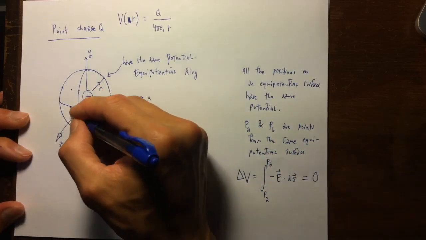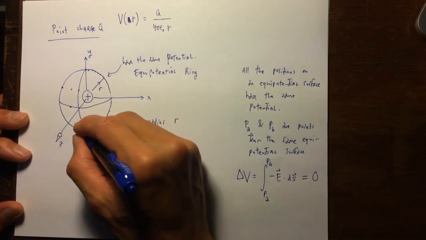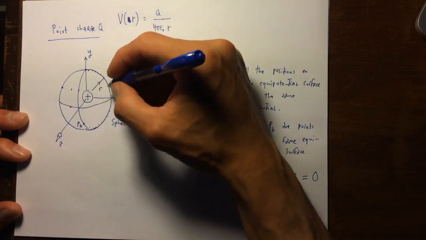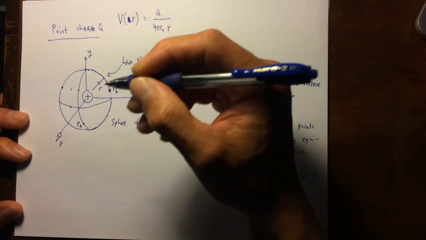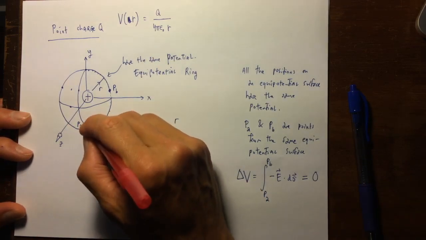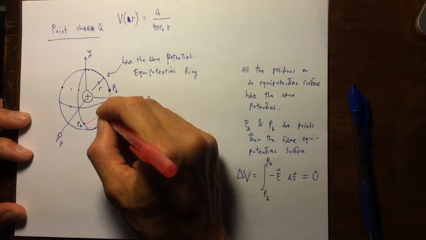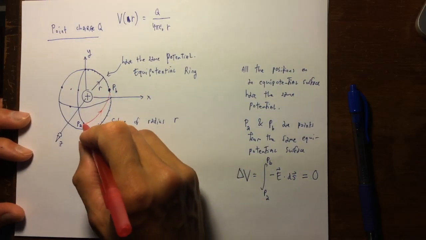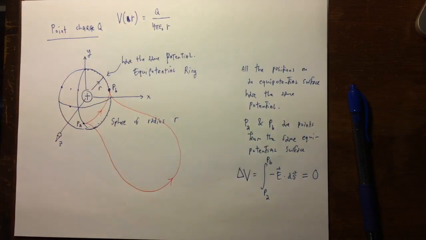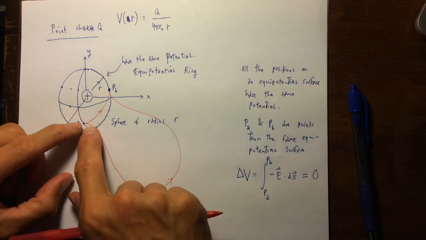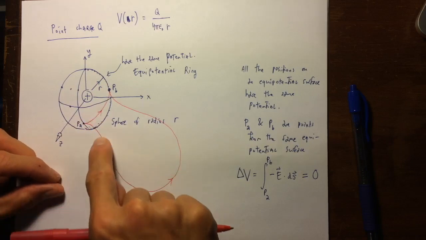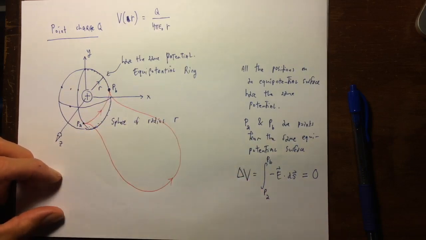So let's say that PA is here on the surface of radius r, and point B is over here. And I could stay on the surface, take a great circle from A to B, or I could come off the surface as long as I get back onto the surface for B. And either one of these paths, I could take the one that stays on the equipotential surface, or I can come off the surface and go back on, and I'll still only add up to 0.